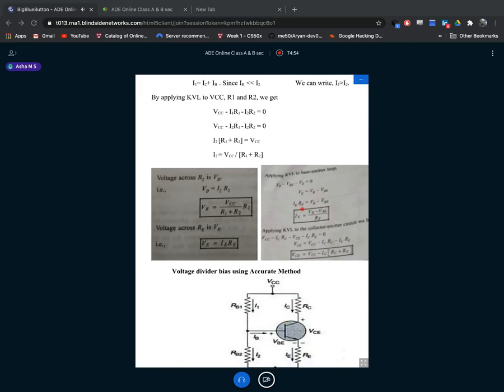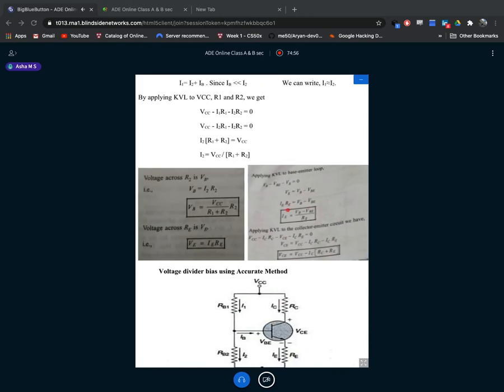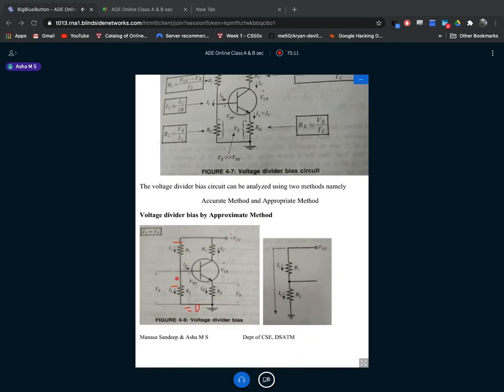Next, let's move on to the VCE value. To calculate VCE, we first calculate the VB voltage. The voltage drop across the resistor R2 is considered as VB.